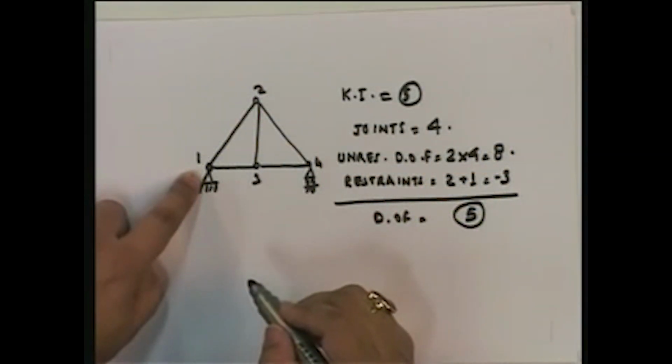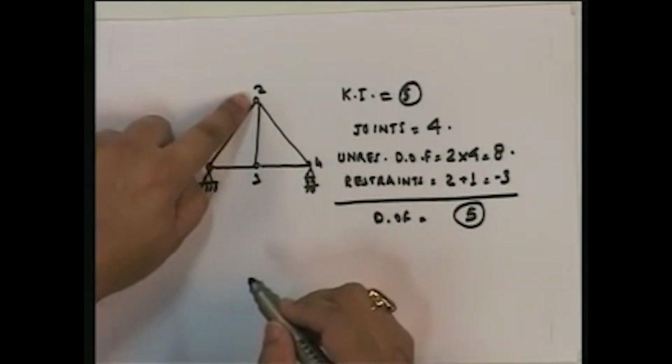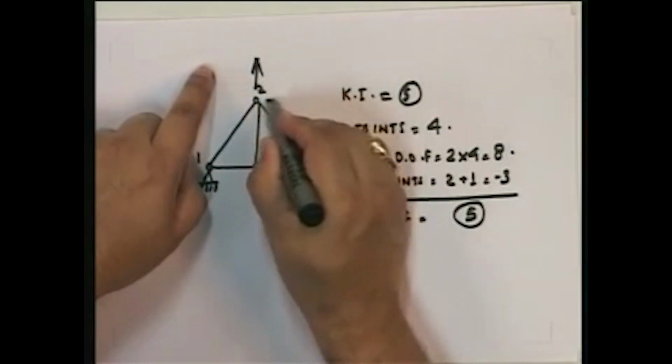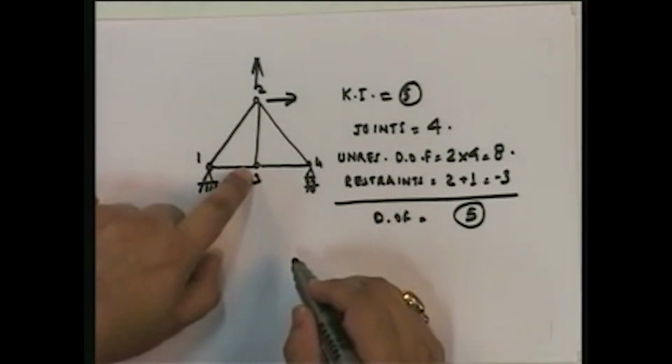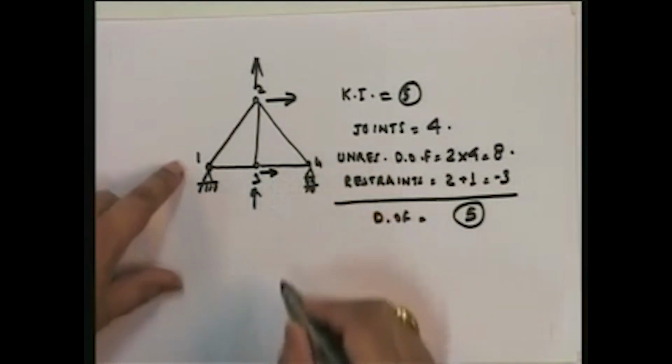Let us find out. Let us look at this node. Any degrees of freedom at this node? No. Both of them are restrained. Let us go to joint 2. Restrained? None. What are the degrees of freedom? 1, 2. Let us go to 3. Any restraint? No. What are the degrees of freedom? 1, 2.